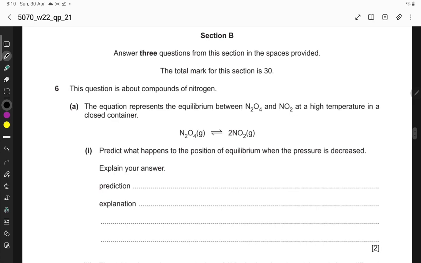Question number 6. This question is about compounds of nitrogen. The equation represents the equilibrium between N2O4 and NO2 at high temperature in a closed container. Predict what happens to the position of equilibrium when the pressure is decreased. Over here 2 moles, over here 1 mole. So by decreasing pressure, equilibrium will shift to the side with more moles.